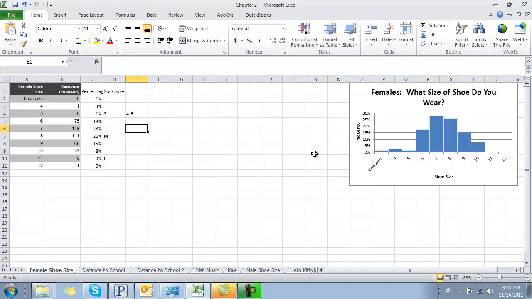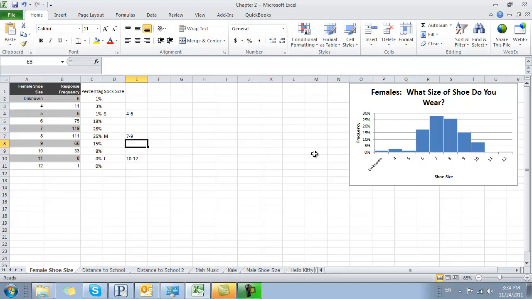See? Now I have the shoe sizes. This is apostrophe 7 through 9. Oops, I said equals. And here's apostrophe 10 through 12. Okay, so this is the 4 through 6, the 7 through 9, and the 10 through 12.